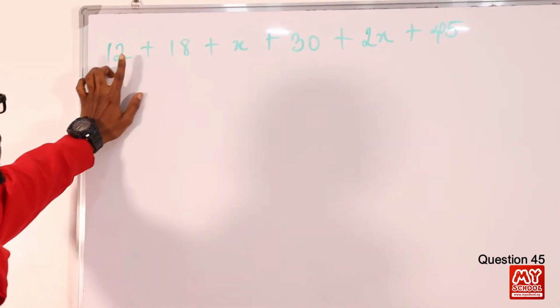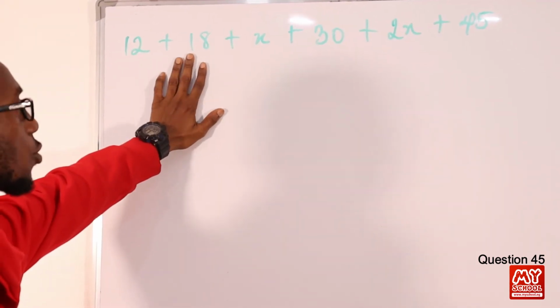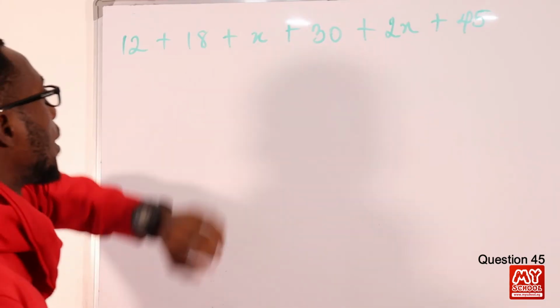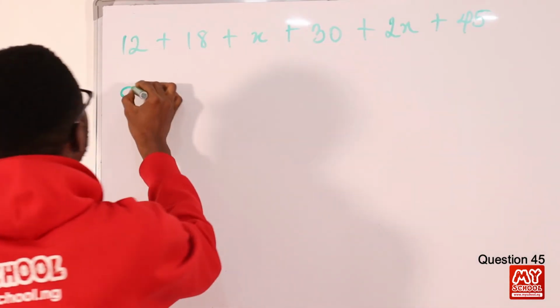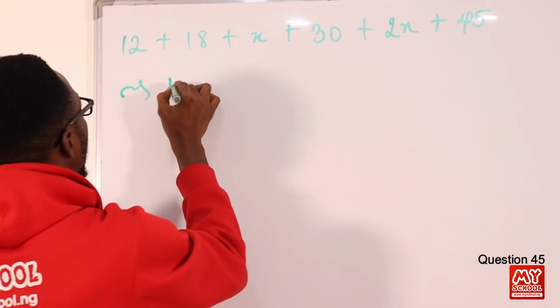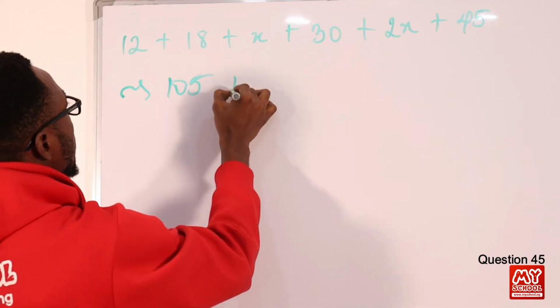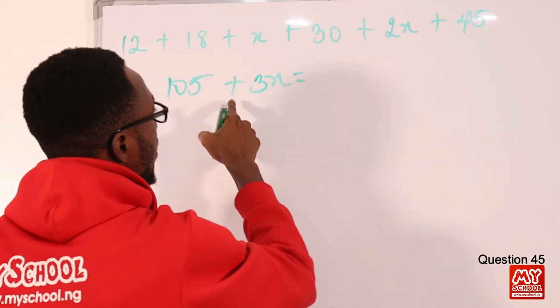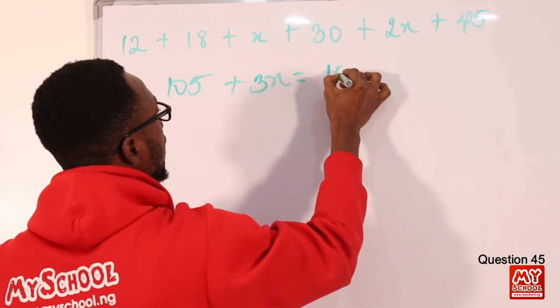Okay, so we have 12 plus 18, that is actually 30 plus x. Okay, so let's add this up. 12 plus 18, 30 plus 30, 60 plus 45, that is 105, right? Plus x plus 2x, that is 3x. We are told that's 150 times, right? 150.